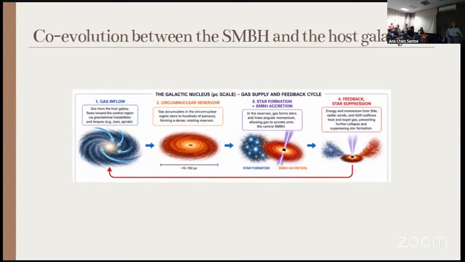We call this process fueling. And after the black hole is triggered, this AGN can release this amount of energy in winds, jets, or even heating the gas around the AGN, suppressing the star formation rate. This process we call the feedback of the AGN.